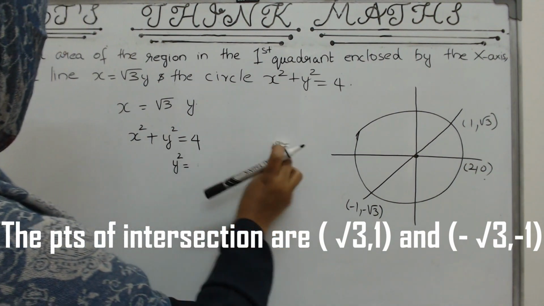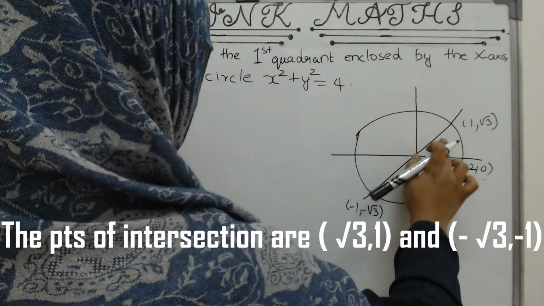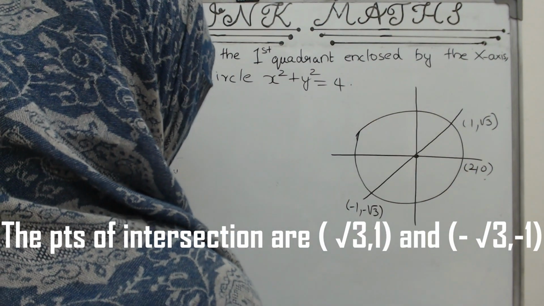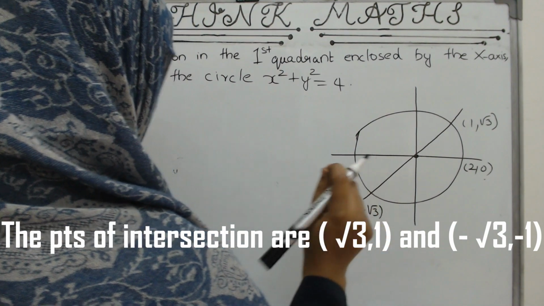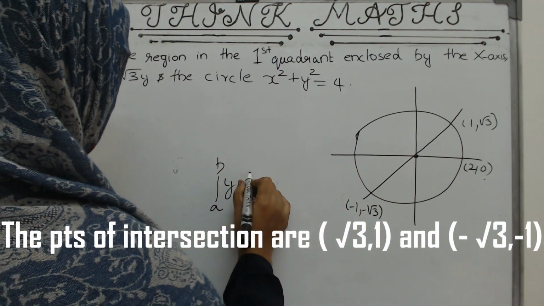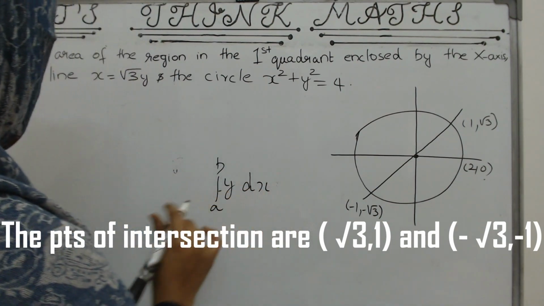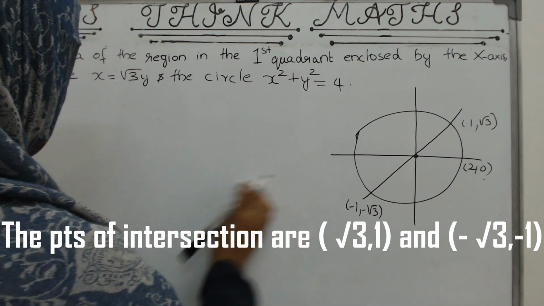Now we are asked to find only the region which is enclosed in the first quadrant. But remember, if you have to find the area in the third quadrant also, when you take a to b y dx, remember to take this as minus. We just don't consider it because we are always working in the first quadrant.